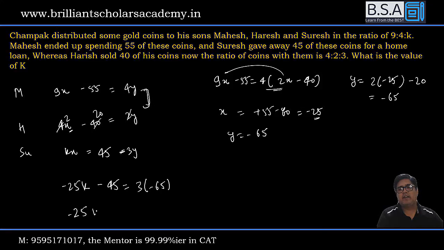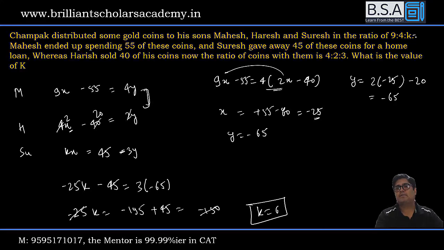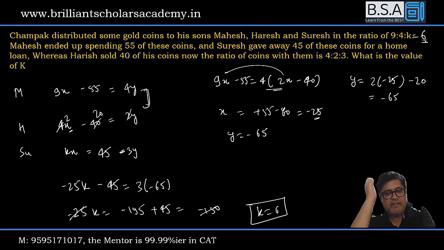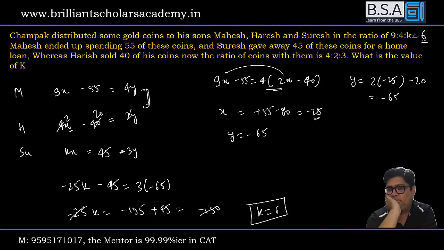So 25 negative k is equal to, ये कितना आ गया हमारे पास, minus 195 plus 45, that is basically equal to minus 150। तो ये आपका 25 कैंसिल होके k पॉजिटिव आ जाएगा 6। Verify calculations. अब perfect है। K is equal to 6.